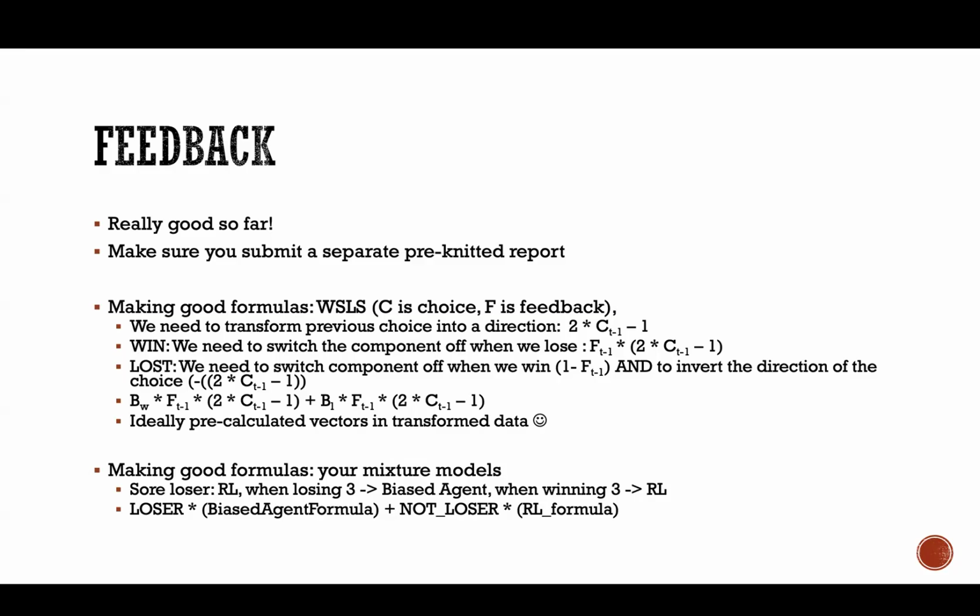Plus the not loser times the reinforcement learning agent. And that gives us this mixture of models as one equation, one likelihood, and makes our life much easier. Does that make sense? Yes.